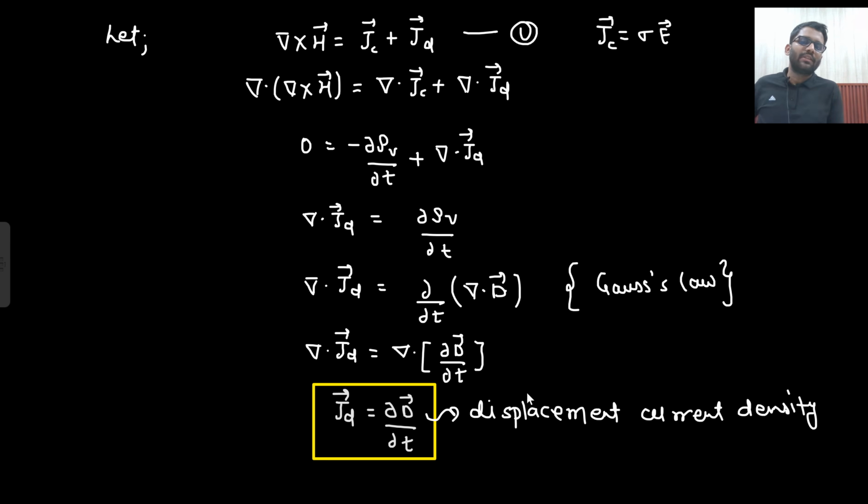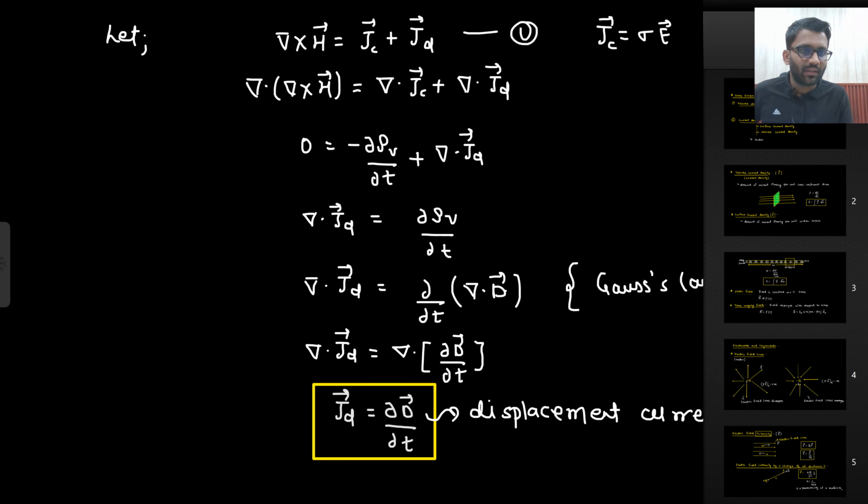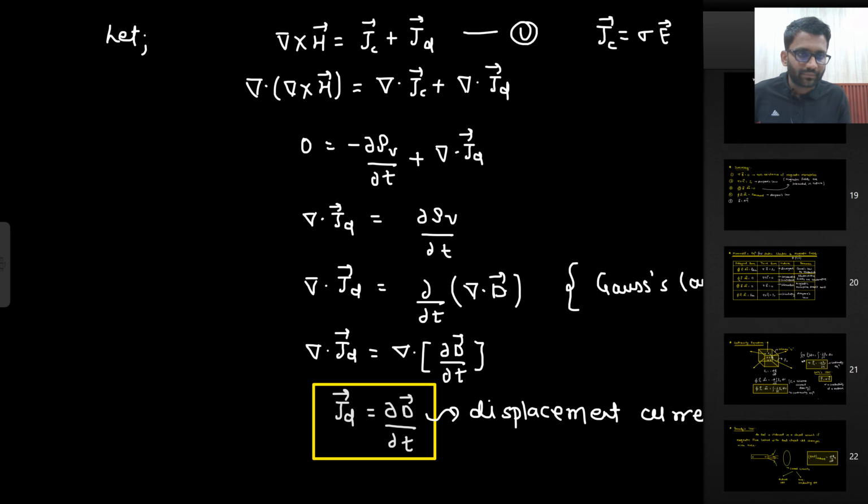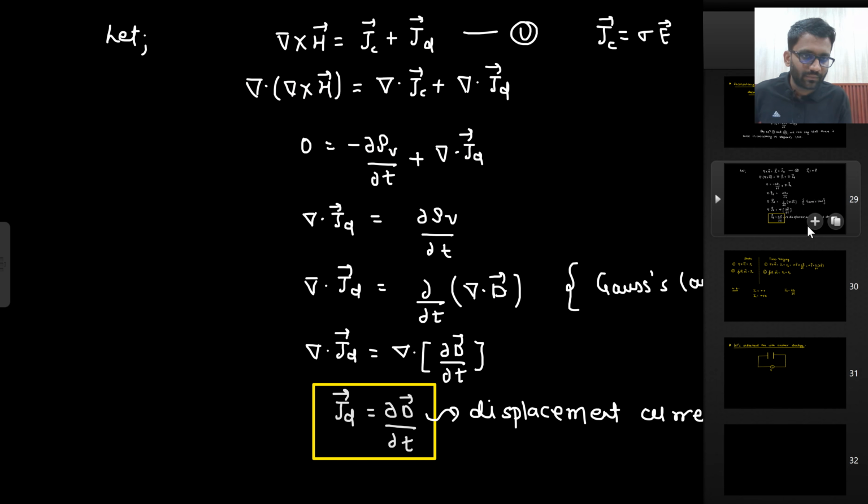So from here, what is the value of del cross H you are getting? Initially, what Ampere said was del cross H should be equal to JC. But now after the modification, what did we get to know?